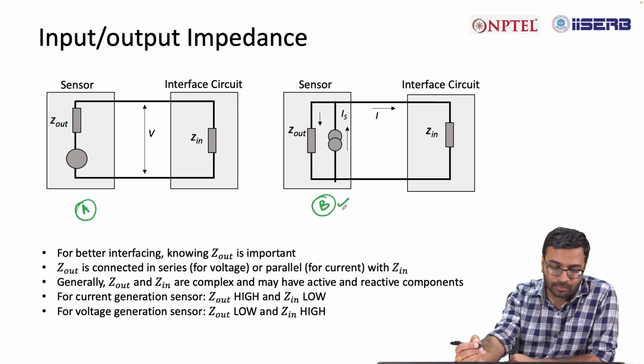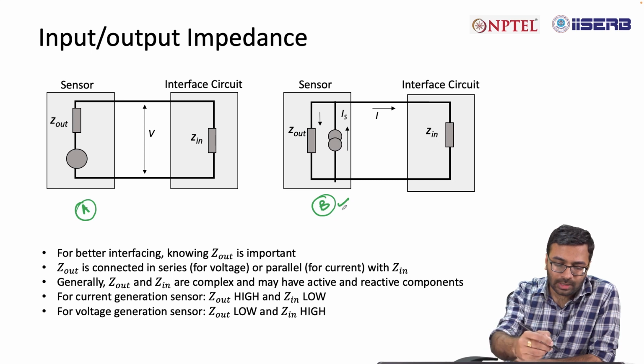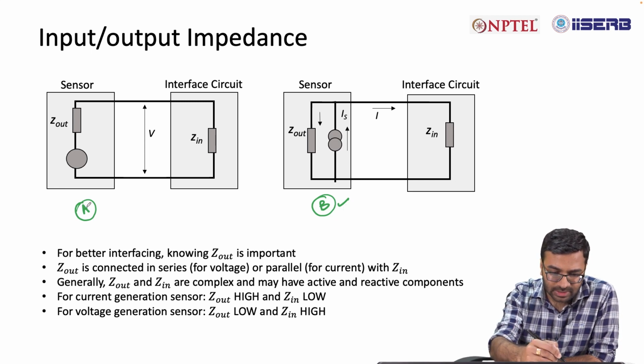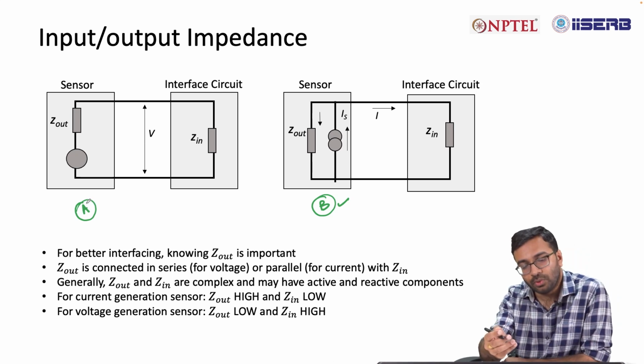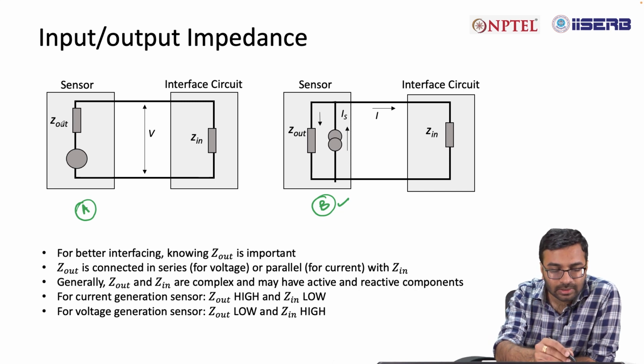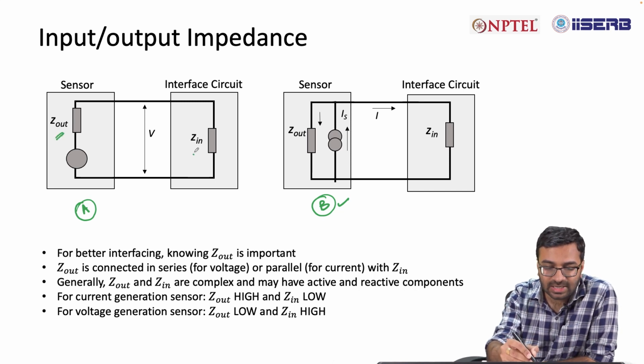Now, for a voltage generating sensor, or a sensor which provides output in terms of voltage, we connect Z out and Z in in series.